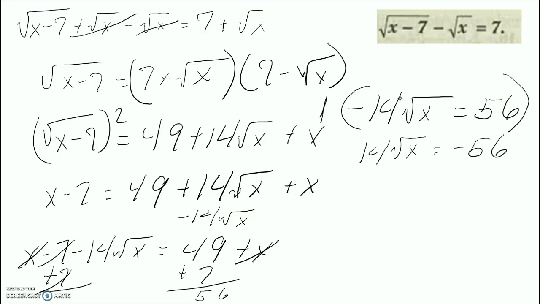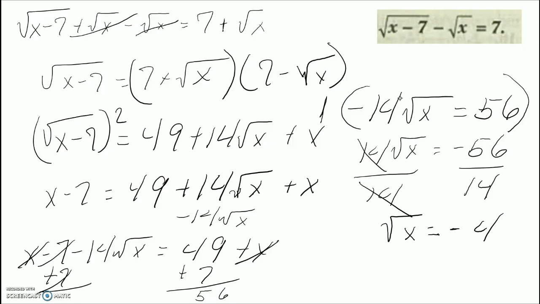And that's a lot easier for me to work with. Because now when I divide both sides by 14, I get the square root of x equals negative 4. And when I square both of these, I get that x equals 16.